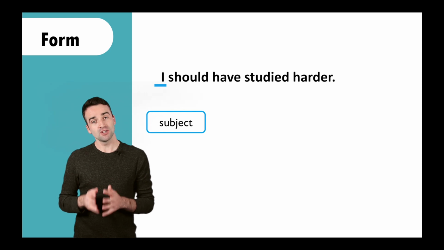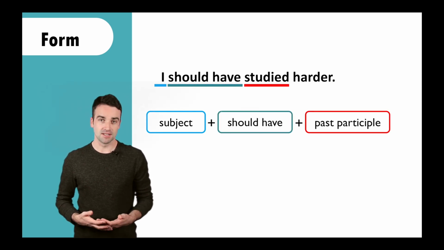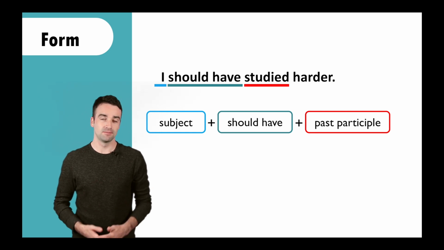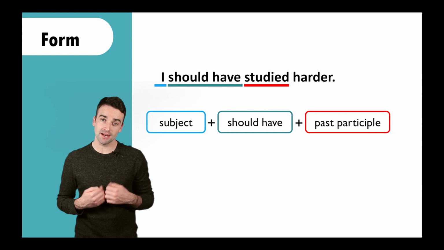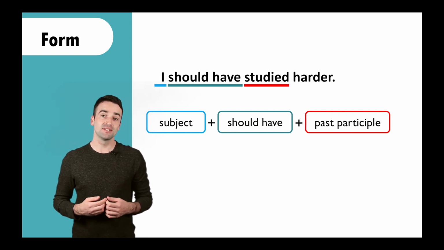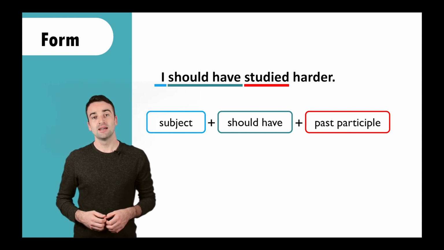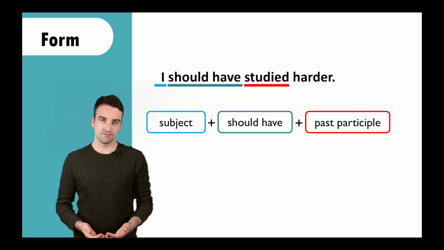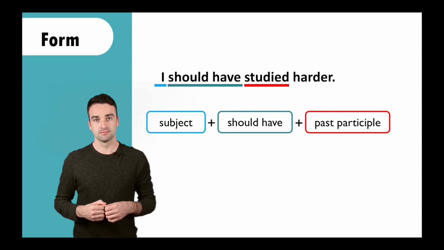Well, it is subject plus should have plus the past participle. Okay, so in this sentence, I is the subject plus should have plus the past participle of study, which is studied. Harder is the extra information, which you can add at the end after the past participle.